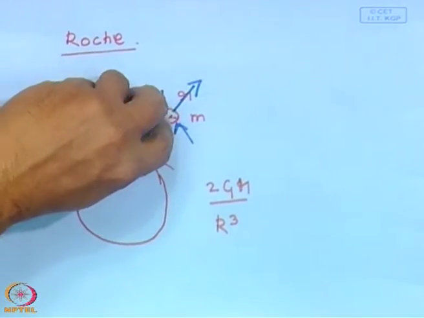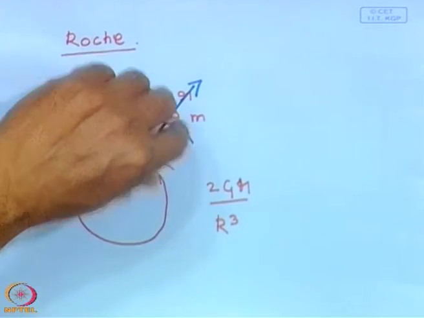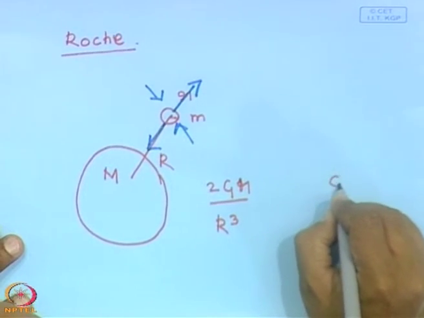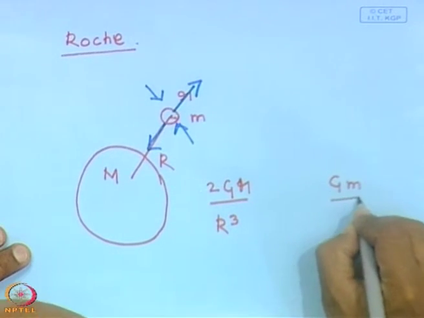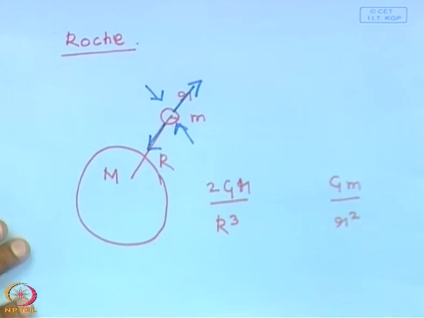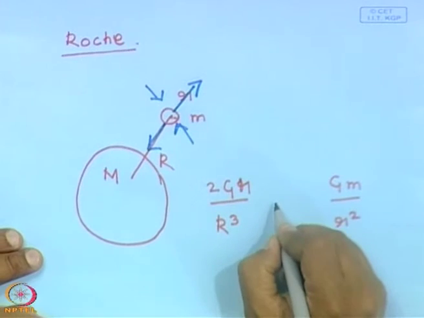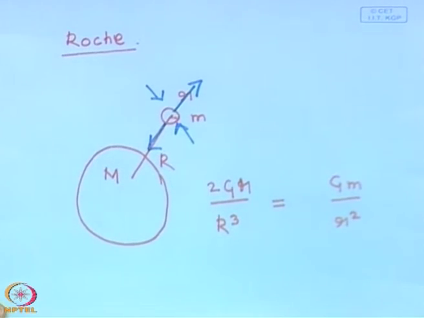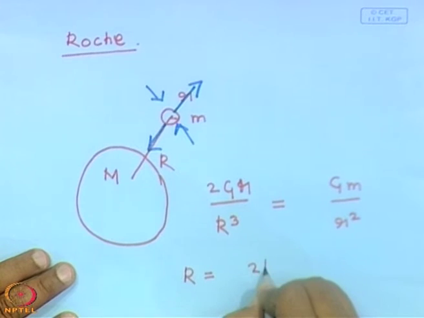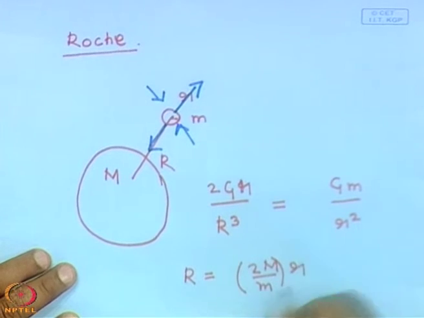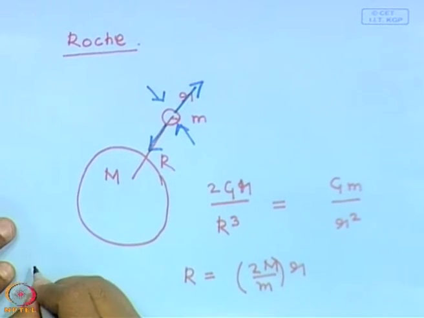And the gravitational force exerted by this small object on itself, on its surface, is going to be Gm/r^2. And we would like to see where these two forces are balanced. And it is quite obvious from this that these forces will be balanced if R is equal to (2M/m)^(1/3) times r. Okay, this is called the tidal radius.